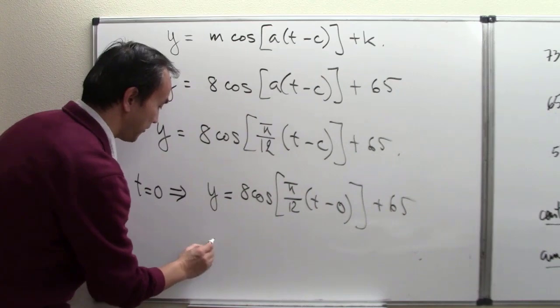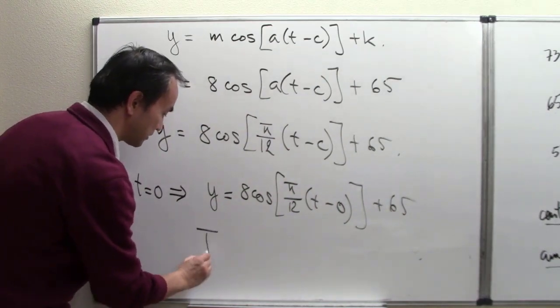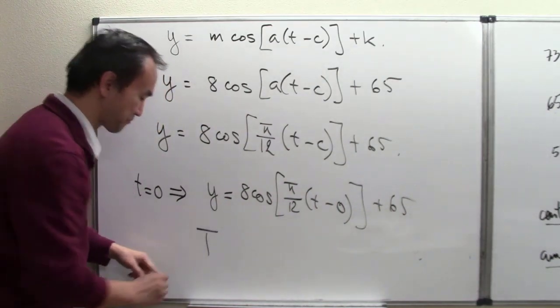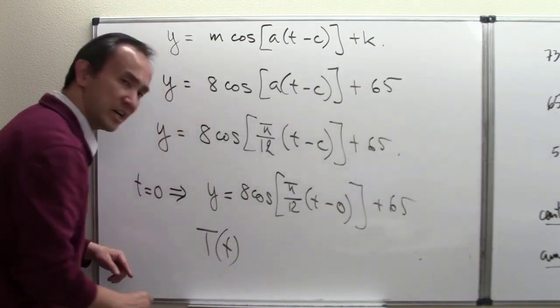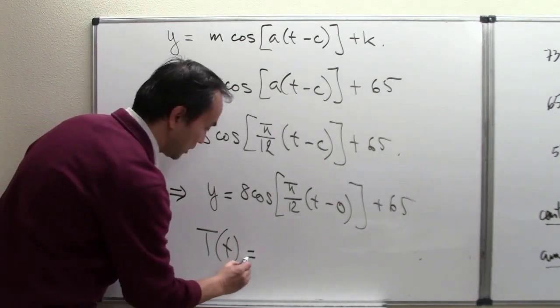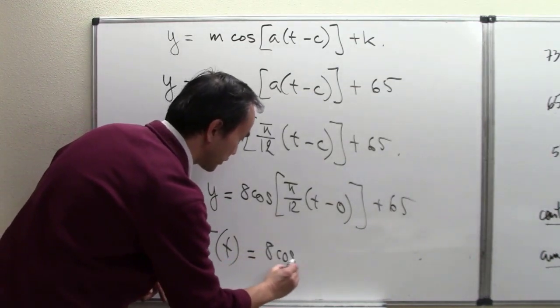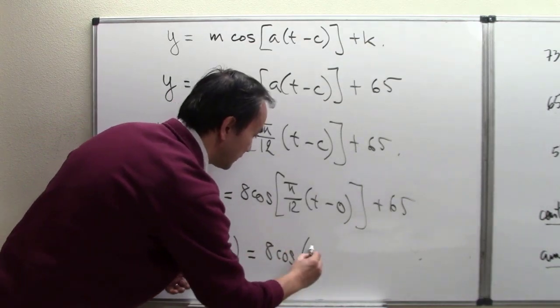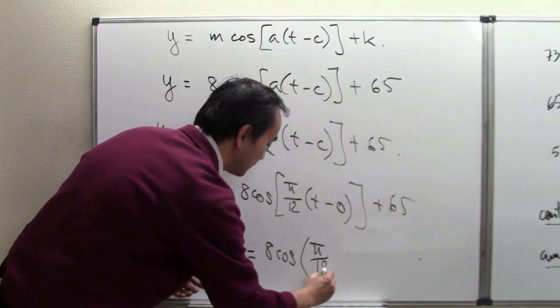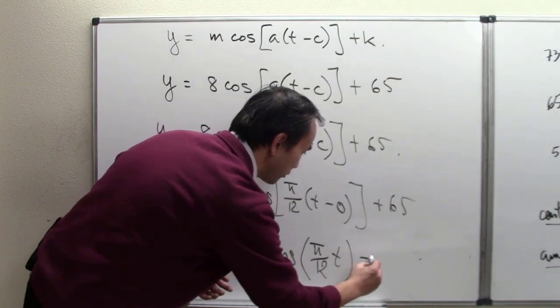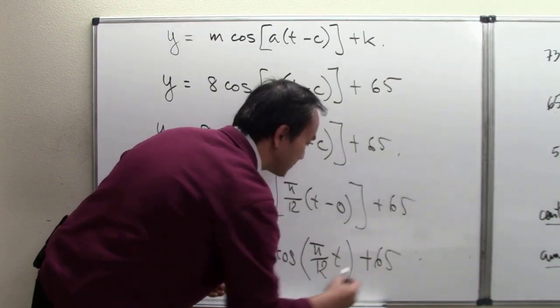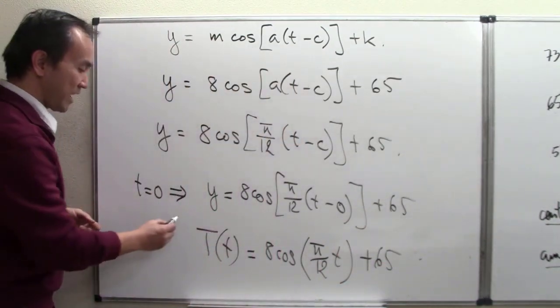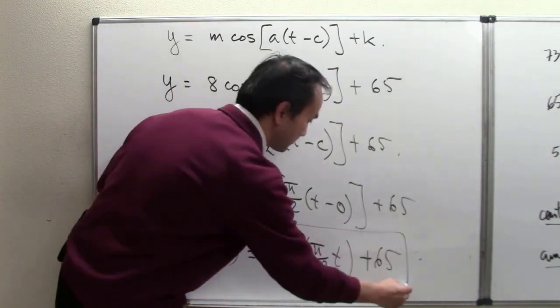And now my final function here. So temperature, how about a capital T function? As a function of time equals 8 cosine of pi over 12 t plus 65. So now we have completed our modeling function.